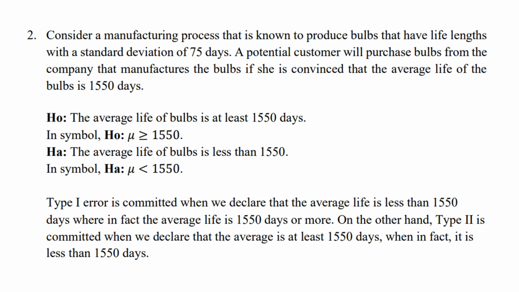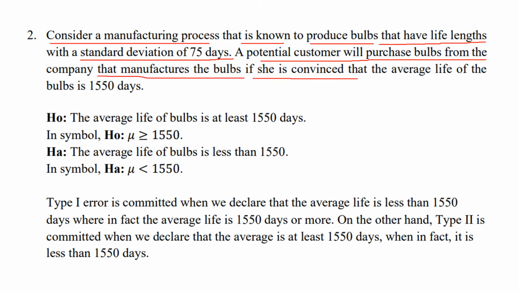So for number 2, consider a manufacturing process that is known to produce bulbs that have life lengths with a standard deviation of 75 days. A potential customer will purchase bulbs from the company that manufactures the bulbs if she is convinced that the average life of the bulb is 1,550 days.